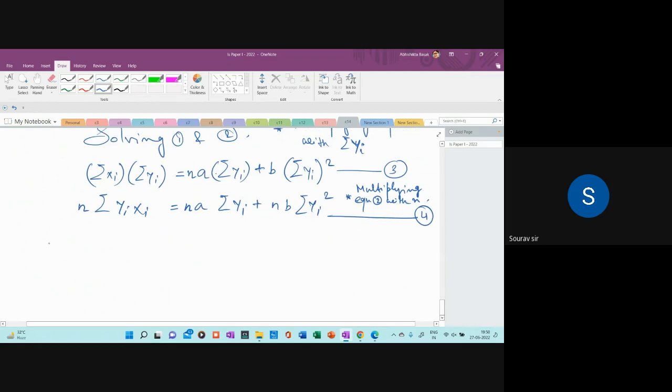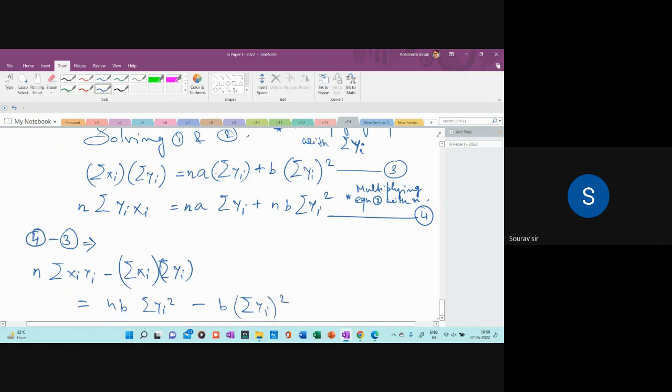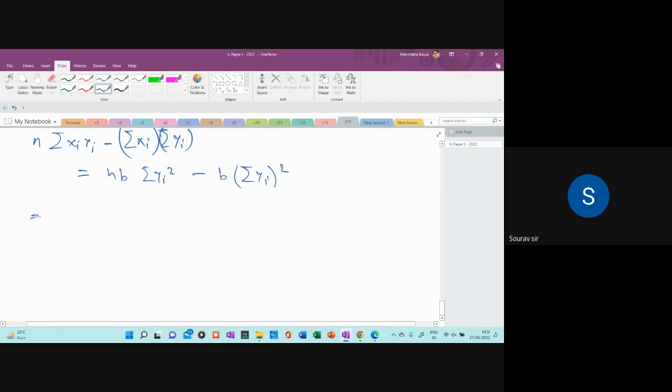Now I am doing 4 minus 3. That implies n summation xi yi minus summation xi summation yi equals, this term will get cancelled out, and we will be left with nb summation yi square minus b summation yi whole square. Now we are going to divide both sides by n square, that is 1 by n square.